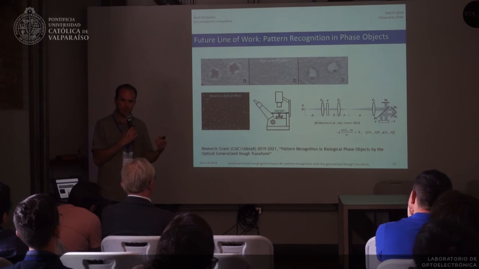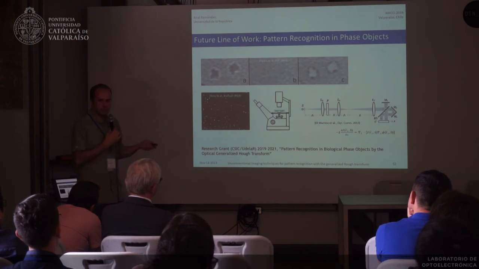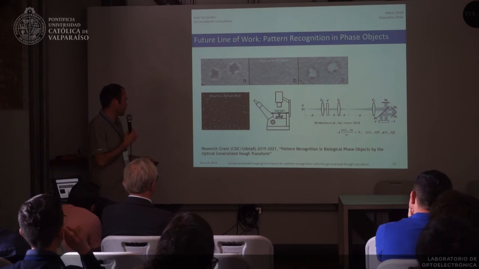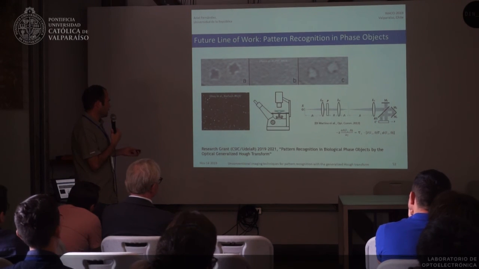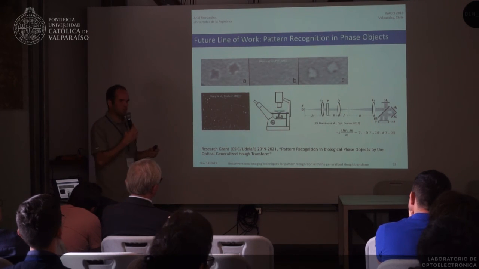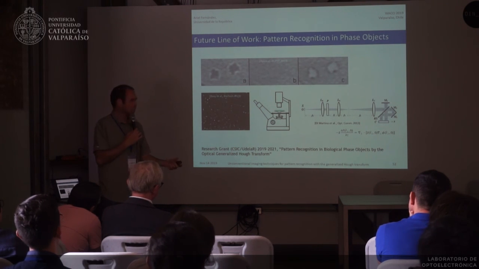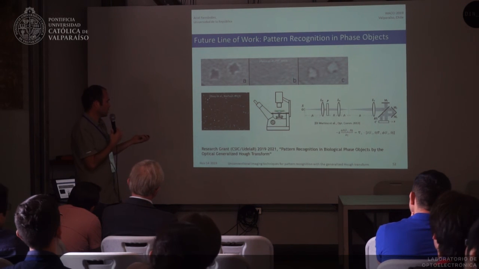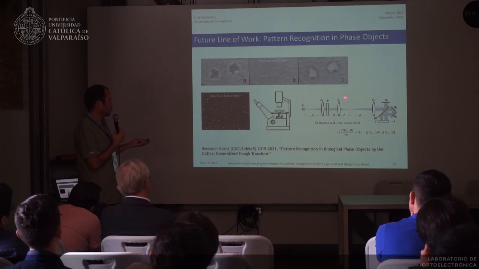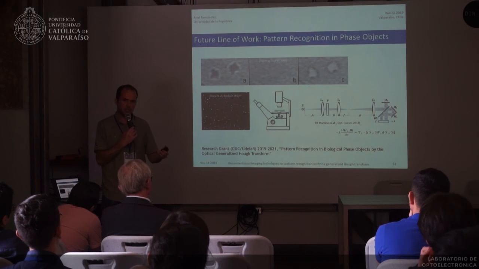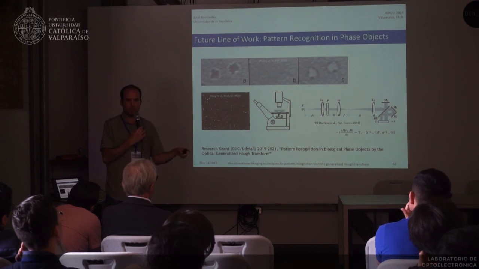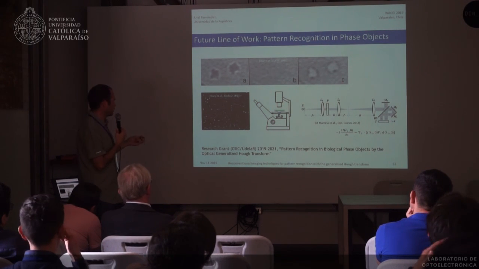And the perspective for the application of the generalized Fourier transform to phase objects is that, in this case, what we have here is the well-known transport of intensity equation that relates a change in the intensity with a certain variation with the gradient of some kind of derivative information of the phase.